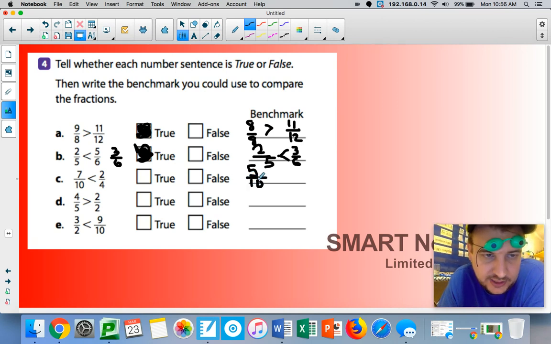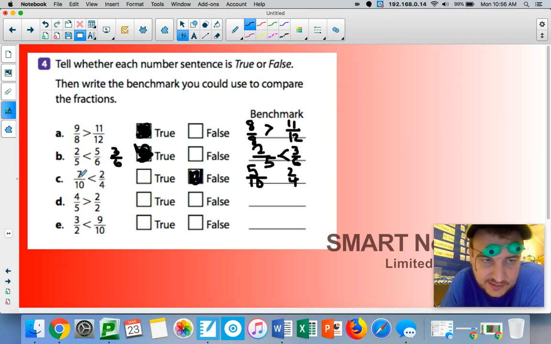We have more than halfway. Half of 2/4 is 2/4. So I have more tenths than I do 2/4. So this is false. They are lying. That's halfway. This is more than halfway.